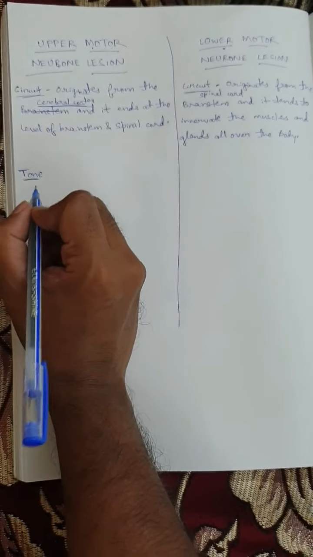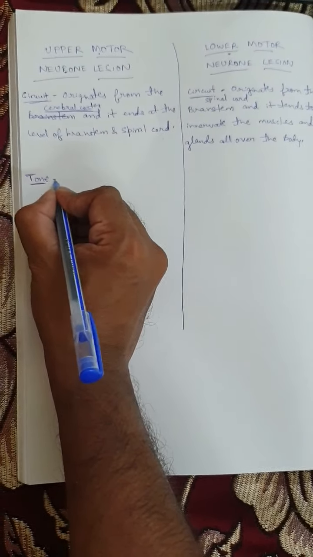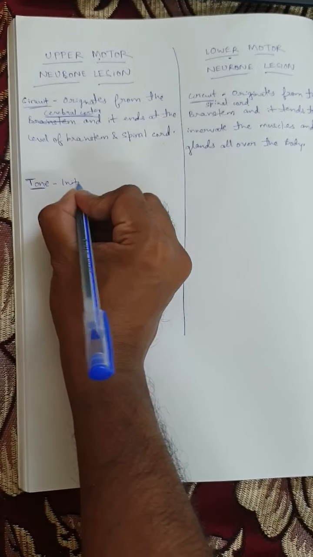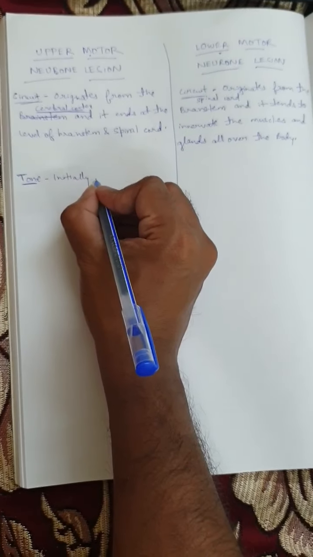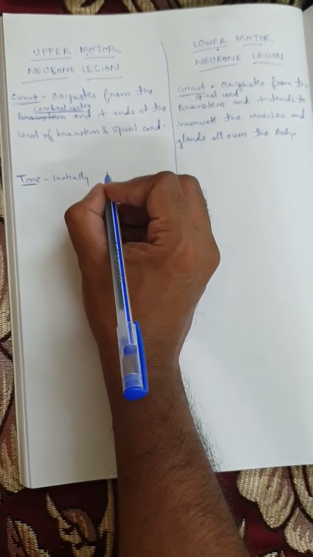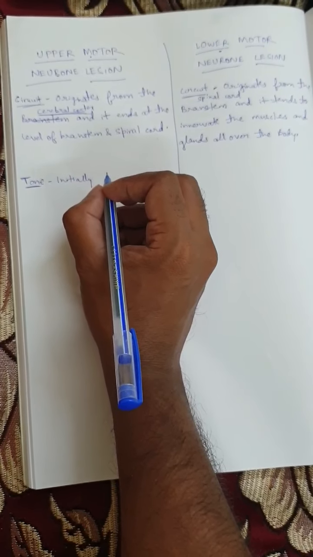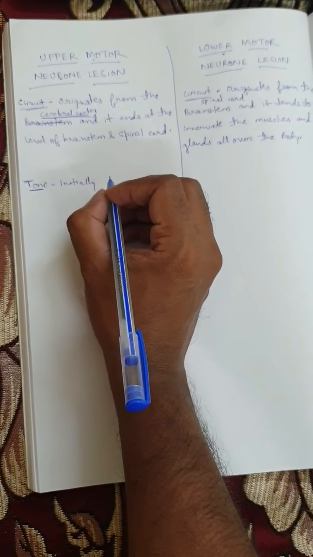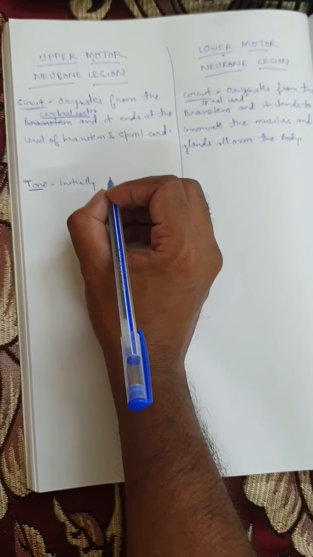In case of upper motor neuron lesion, initially the tone is flaccid. You examine for the power, like I told. In a neurological examination, you examine for power, coordination, strength, balance, and whether the patient is able to move his or her hand or leg or not.